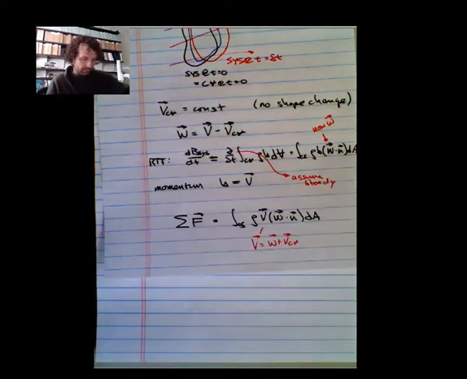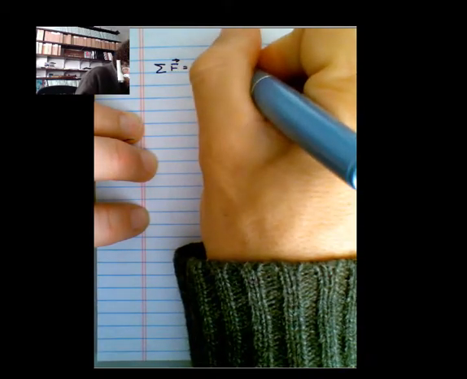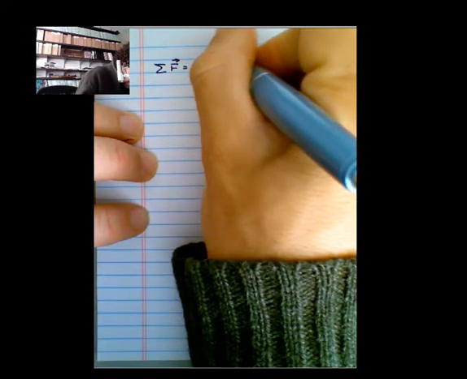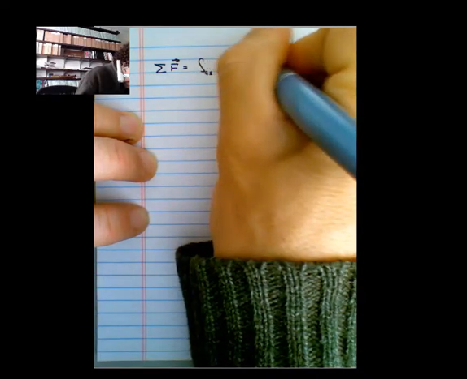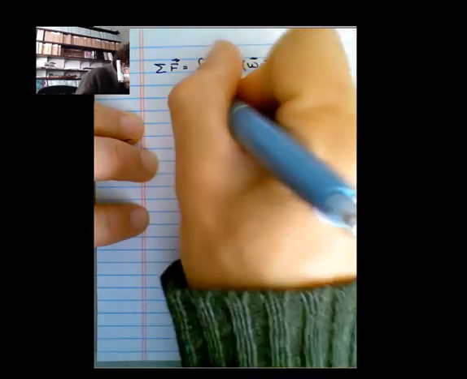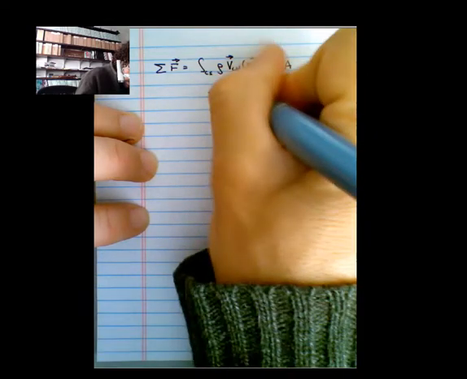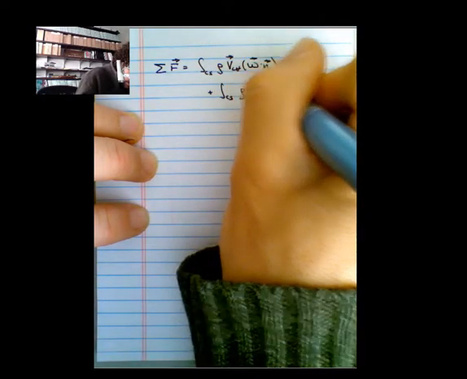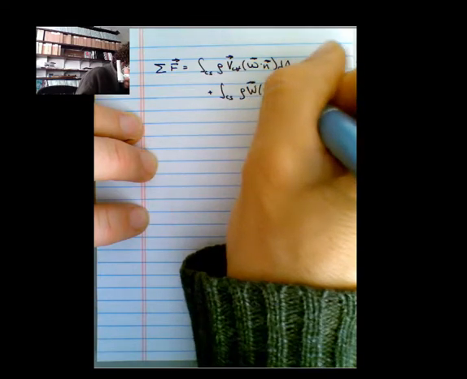And it gives us two integrals then. So the sum of the forces is equal to the integral over the control surface of rho V control volume W dot n dA plus the integral over the control surface of rho W W dot n dA.